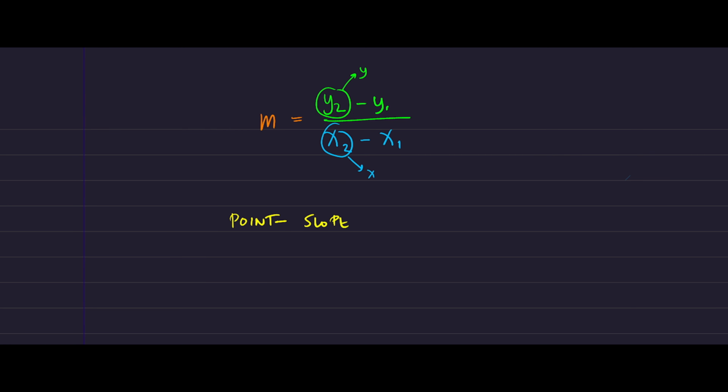And what is this point slope form? So, sabihin natin na palitan na natin yung y sub 2 tsaka x sub 2 ng y and x. So, we have the new formula, which is m is equal to y minus y sub 1 over x minus x sub 1.